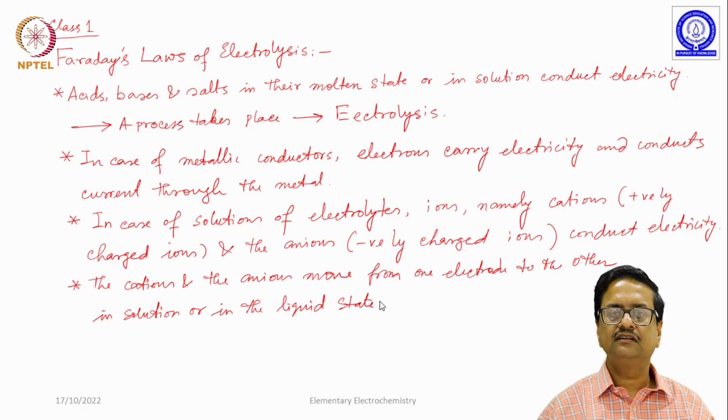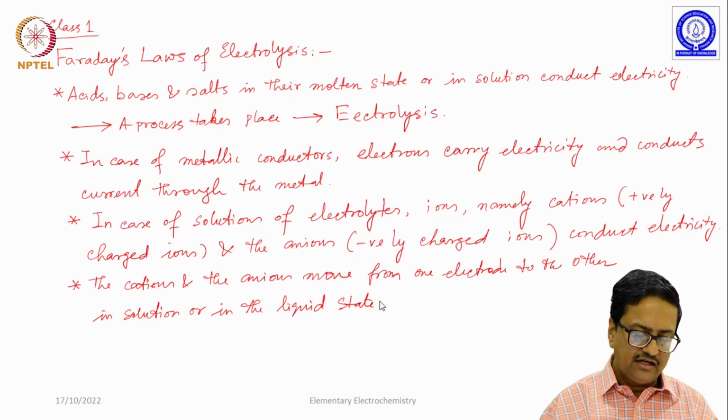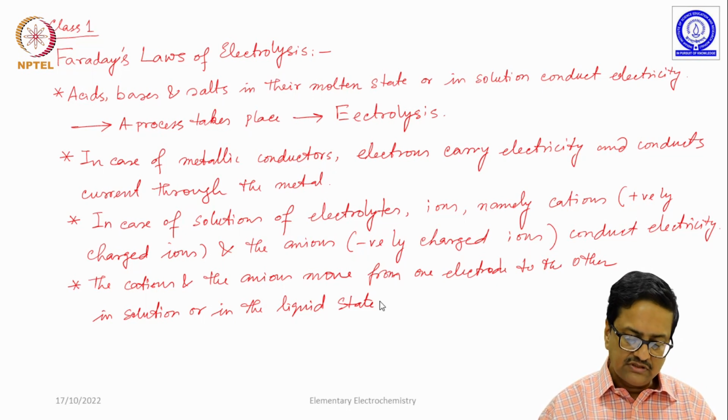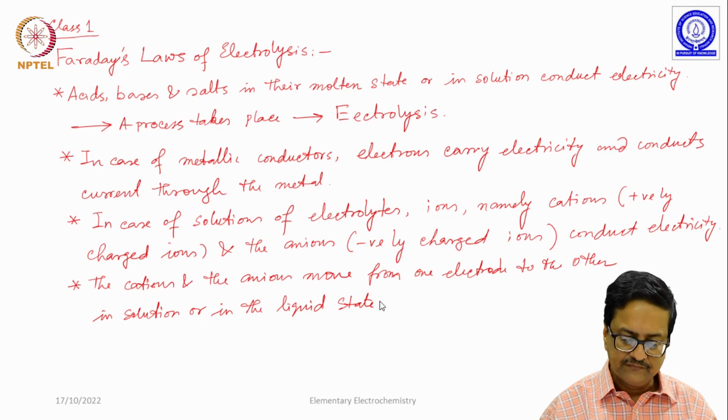So as soon as it is no longer the electrons but the ions that are moving, you can understand that there will be a lot of aspects associated with it, because the ions have different sizes. Ions can conduct different amounts of charge. So there can be a cation with a single positive charge, with two positive charges and three positive charges, and so on.